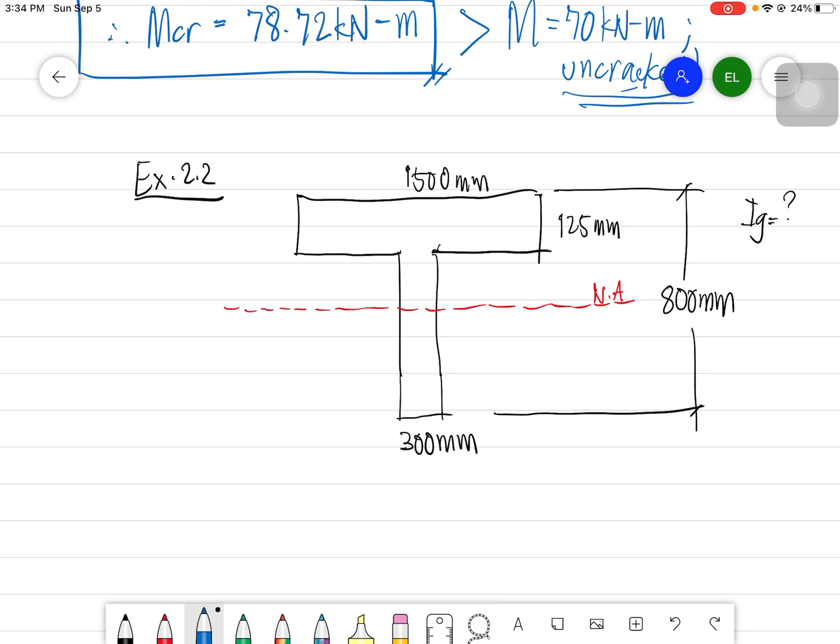Okay, so what we're trying to do here is get the two areas, guys. Say this is one, then this is the second. Or maybe I shall say this is the area of the web and the area of the flange.